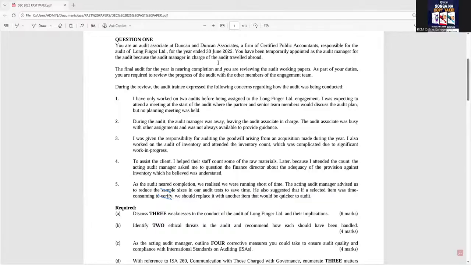I can see Nyakeri has tried to explain that she has worked on two audits before being assigned to Long Finger Limited. But I think these audits seem to be different. This one is not in relation to Long Finger. I have only worked on 2 audits before being assigned to Long Finger Limited engagement.